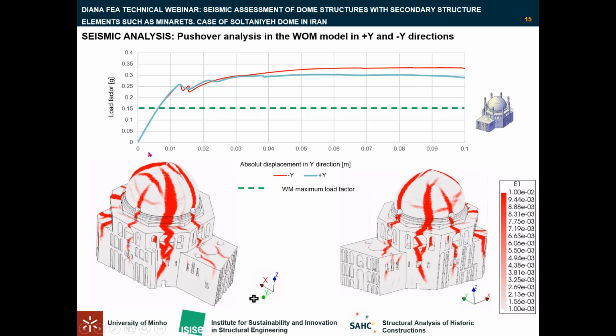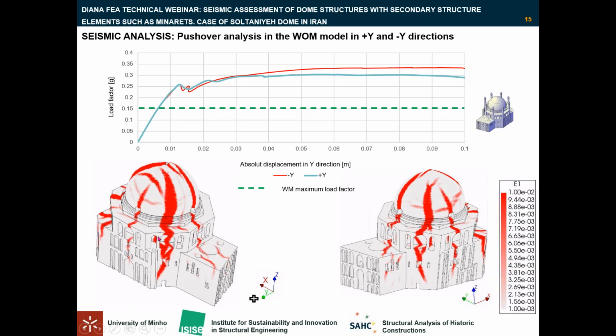In the Y direction, in the positive Y direction, which is this model or this picture, diagonal meridian cracks are observed on the dome. You can see them extending downward through the drum and the transition zone, and ultimately passing through the main arches of the ground and first floor.